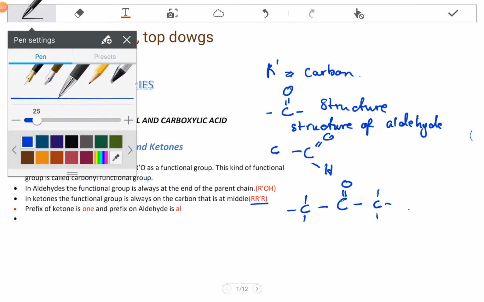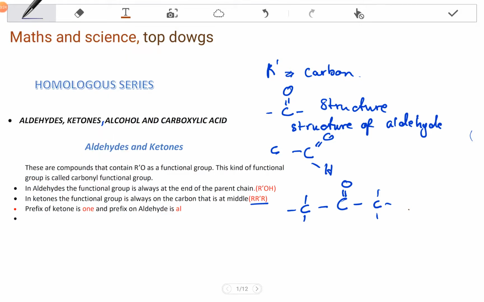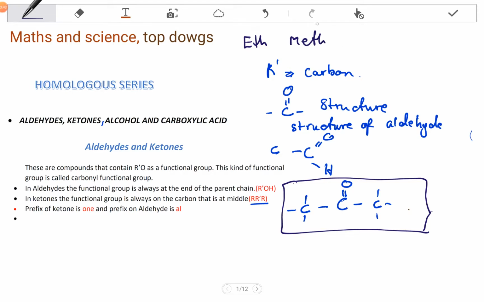If it's in the middle, that tells you that there are some compounds that we don't have. Remember that when we used our naming, we said that if you have 1 carbon, it's meth, if you have 2, it's eth, and if you have 3, it's prop.